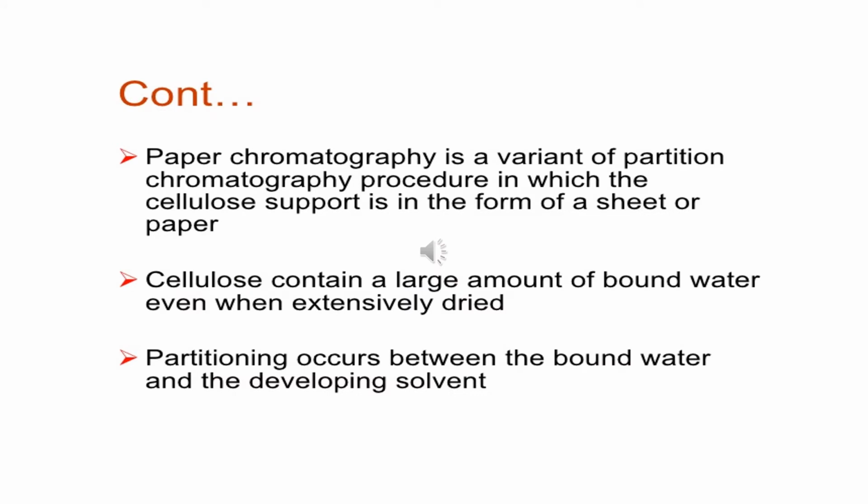Paper chromatography is a variant of partition chromatography in which the cellulose support is in the form of a sheet or paper. Cellulose contains a large amount of bound water even when extensively dried. Partitioning occurs between the bound water and the developing solvent.